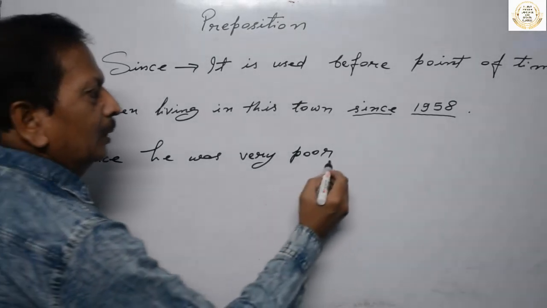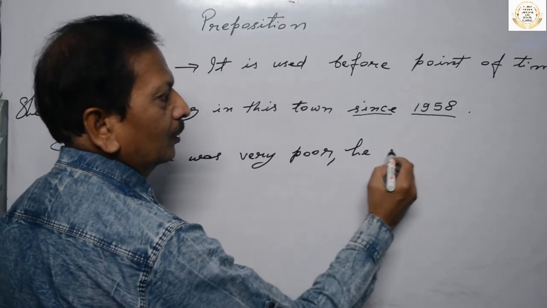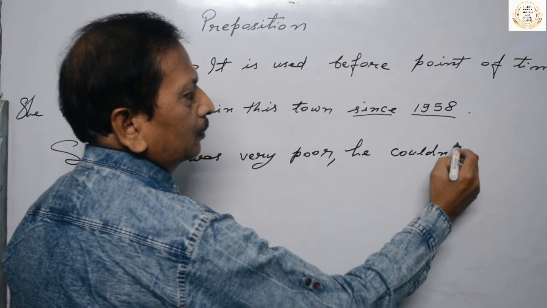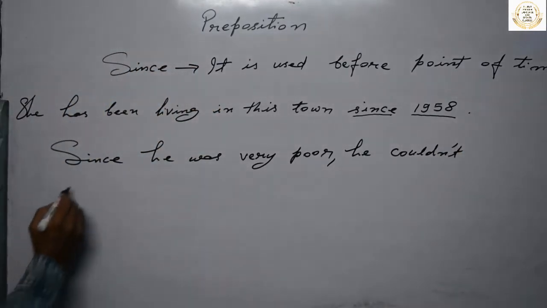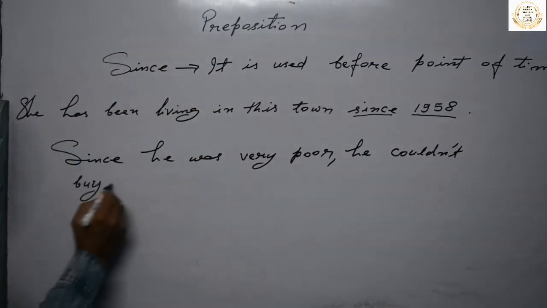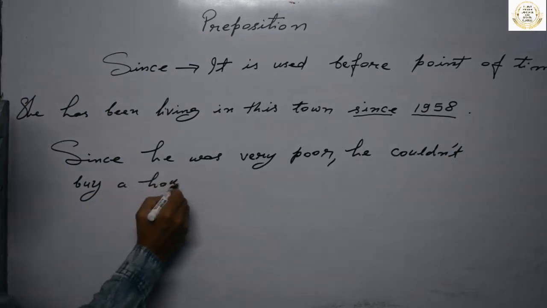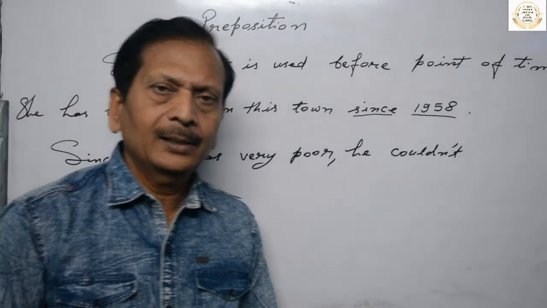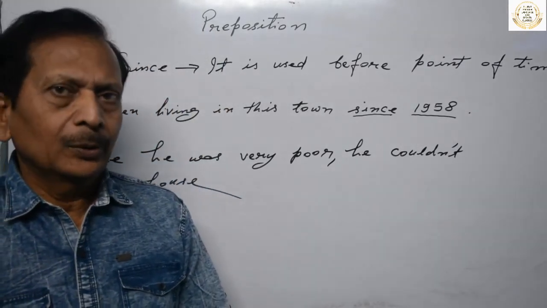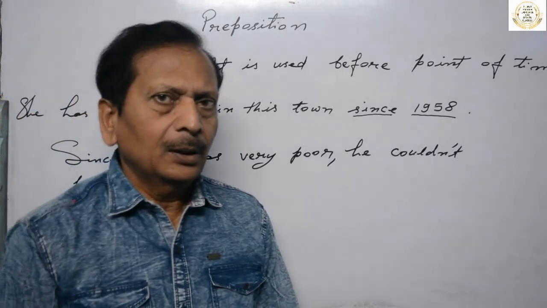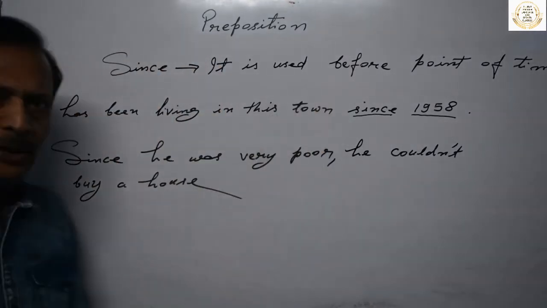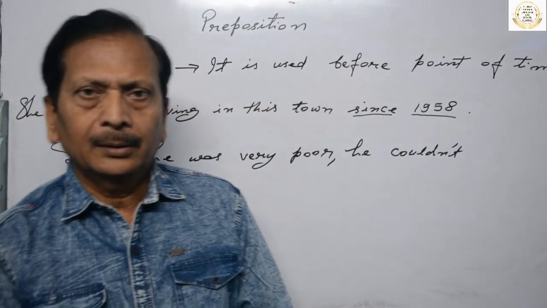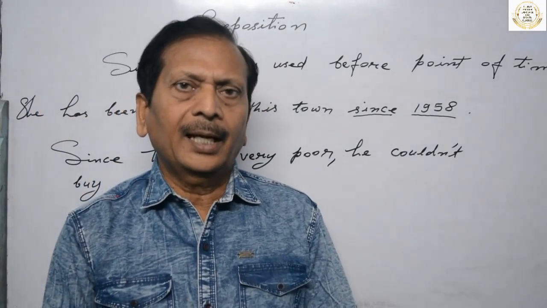Since he was very poor, he could not buy a house. Okay. Sometimes we use since as a since clause to give a reason especially. So you have read the use of since, and I think you have got a very easy and better idea to use them.